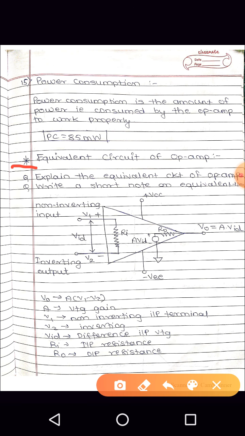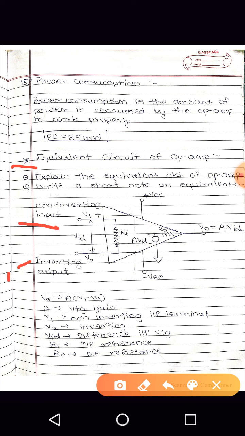In the equivalent circuit of the op-amp, see in the diagram, V1 is the non-inverting input terminal and V2 is the inverting input terminal.